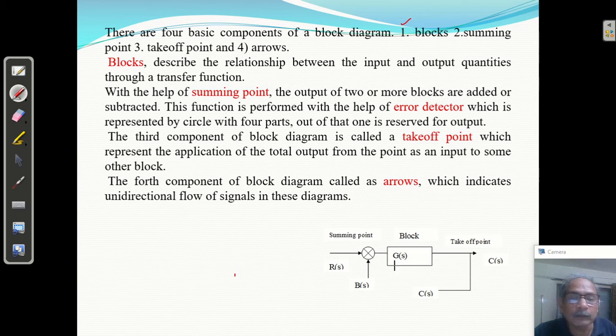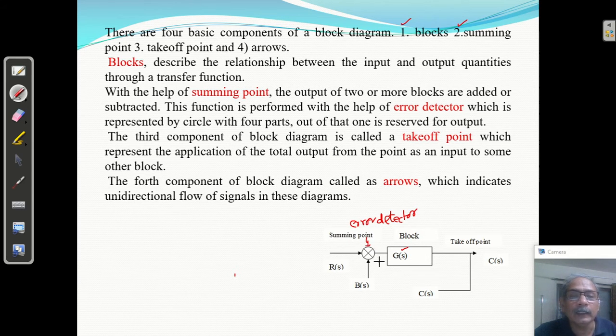The transfer function of the block is represented by G(s) in the s domain. The second component is known as the summing point. You can say this is called the summing point, or the error detector.